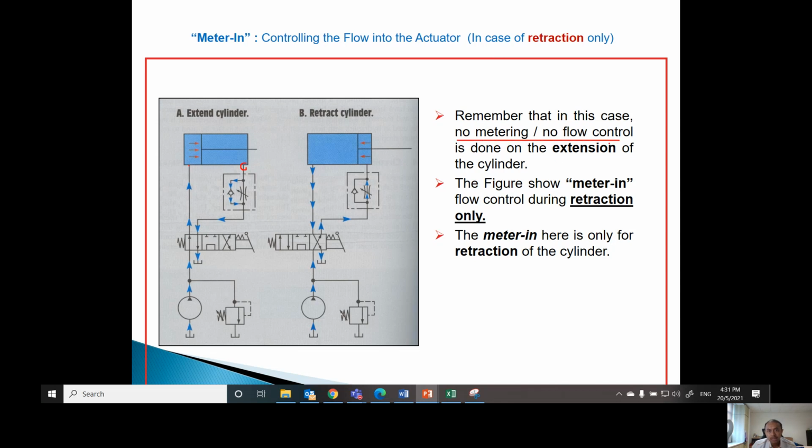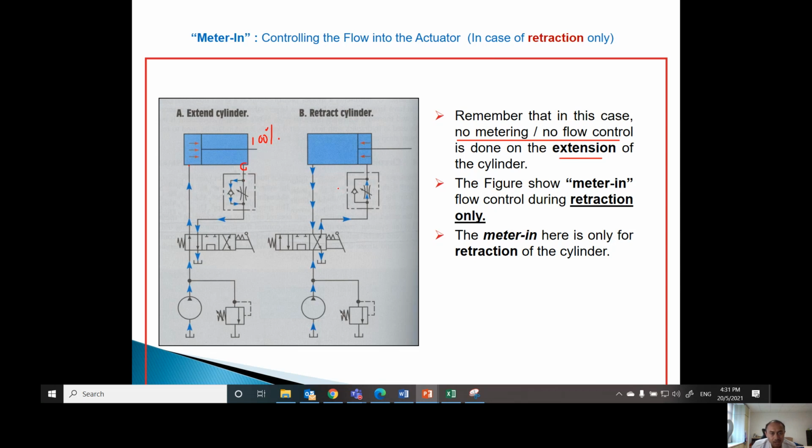No metering or flow control during extension because of the free flow here, which means it is 100% speed. This is what happens when you change the position of the one-way FCV.